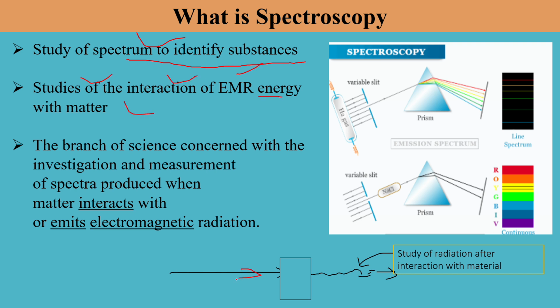When electromagnetic radiation interacts with the material, the study of the transmitted light obtained after interaction with the material is called spectroscopy. Or we can say it is a branch of science concerned with the investigation and measurement of spectra produced by the interaction of electromagnetic waves with material.